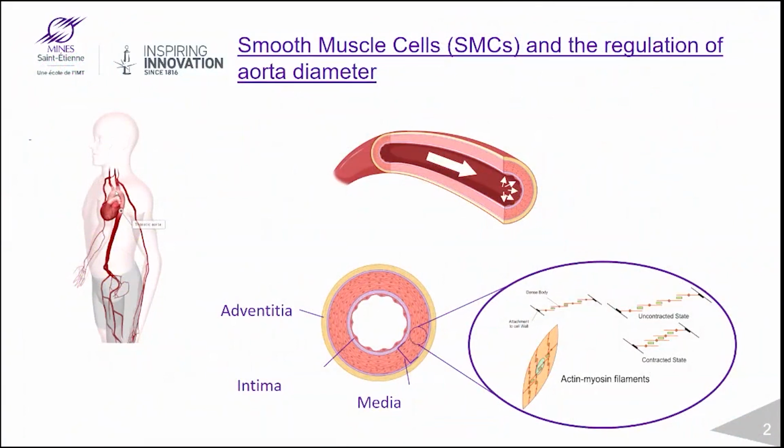Smooth muscle cells are the main cells responsible for the active and passive response to external mechanical forces applied on the aorta itself. Contraction of smooth muscle cells is created via the actin myosin filaments, which slide against each other to create contraction.